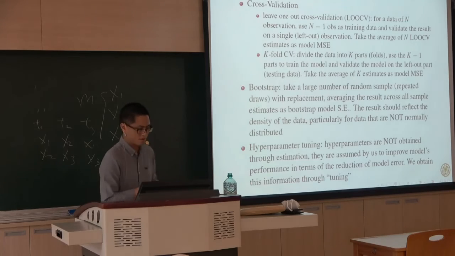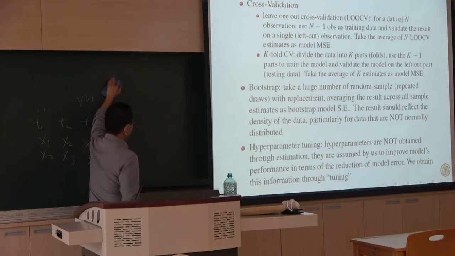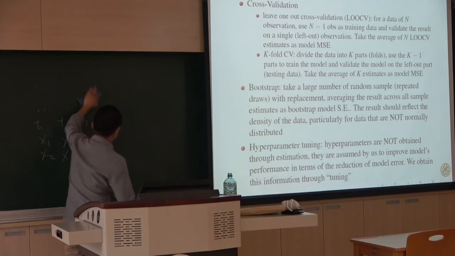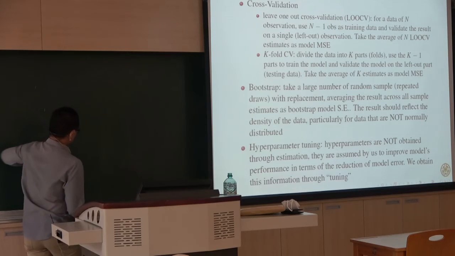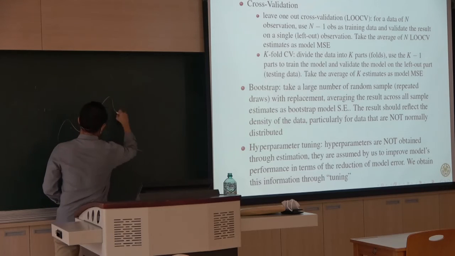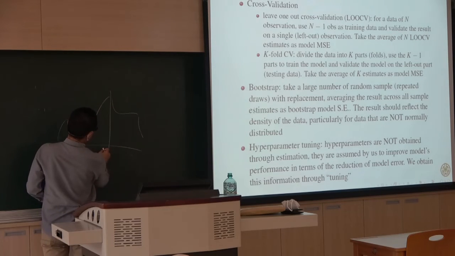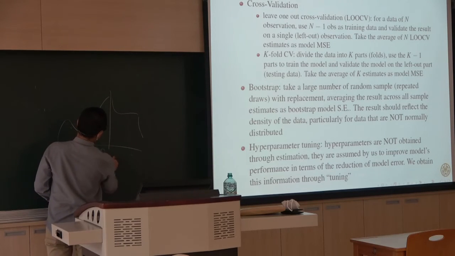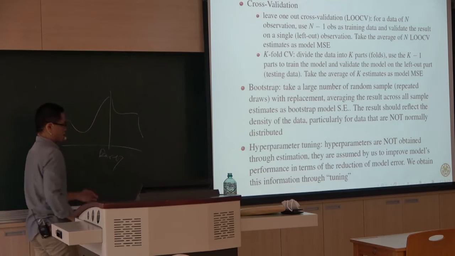If you do a large number of bootstrap replications, you should be able to reveal the density of the data. For example, here is a high density region of the data.